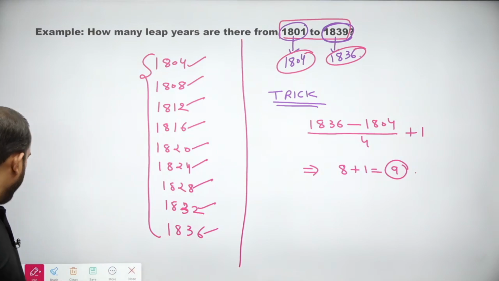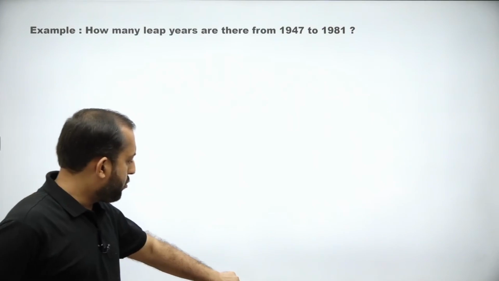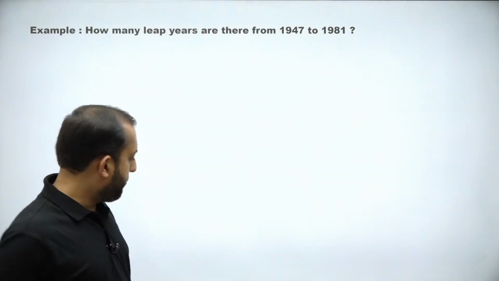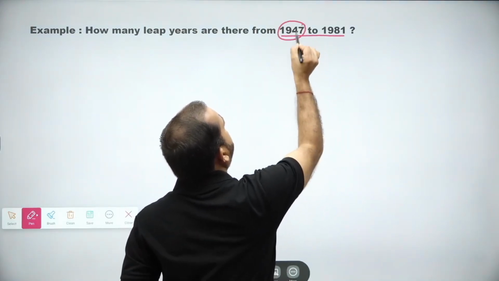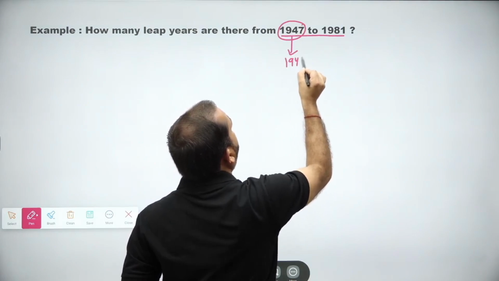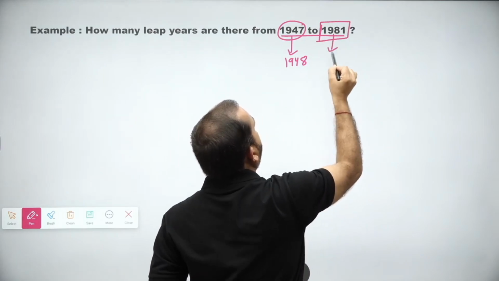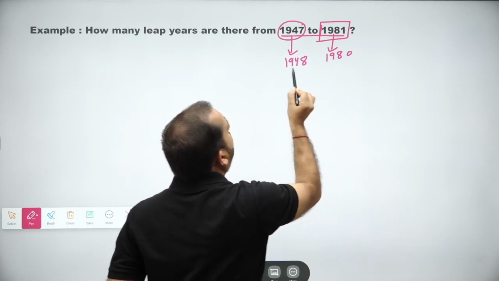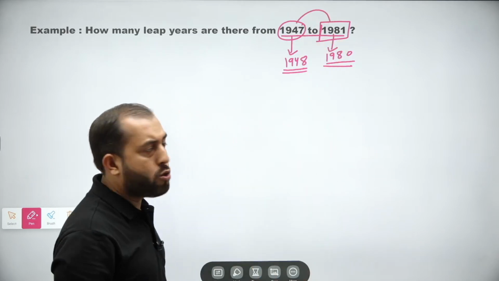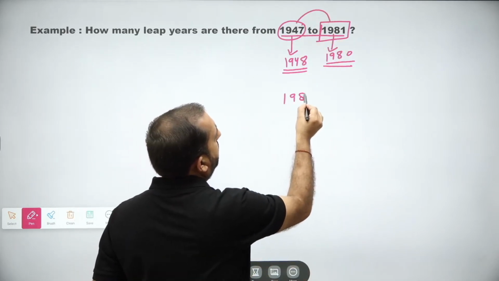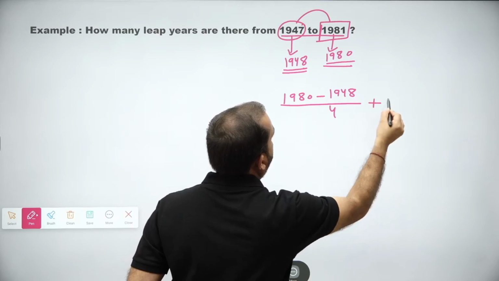Okay, let's solve one more problem. Now in this case also, let's find out the number of leap years. So in this range, the first leap year nearest to this value is 1948 and the next leap year nearest to this value is 1980. Both 1948 and 1980 are lying in this range. So last minus first, divided by 4, plus 1.